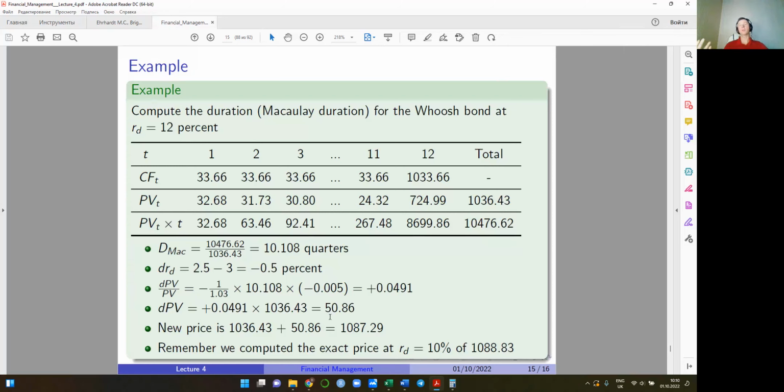If you want to approximately estimate a new price, then you can use duration. And the duration is a very popular measure of risk associated with the bond. So that's why I decided to show you this measure here, because if you would ever encounter this duration in your real life, you will understand why we need to know this duration.